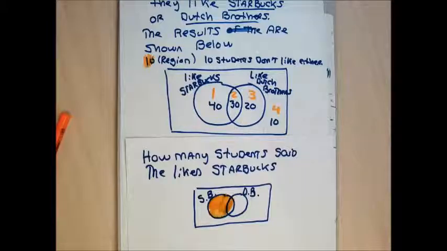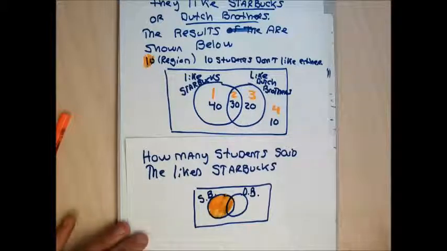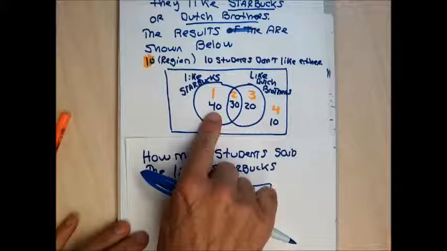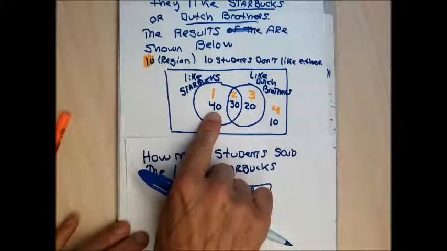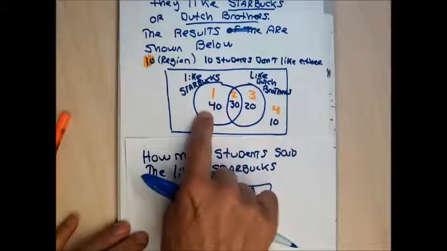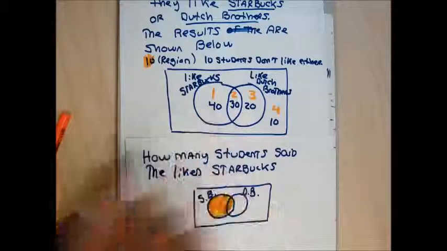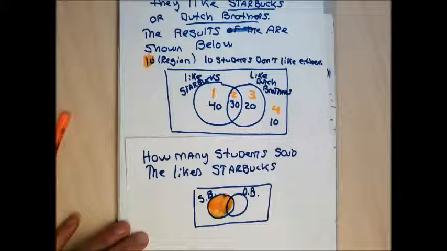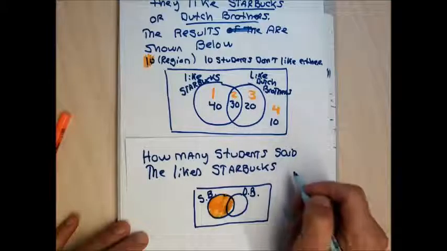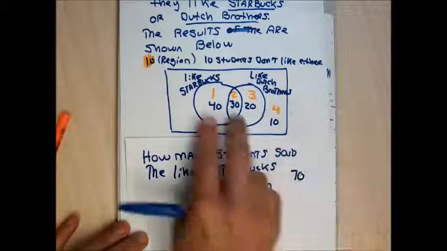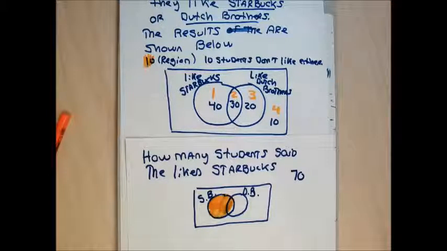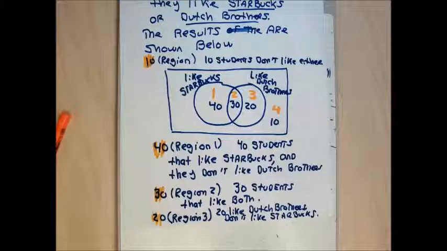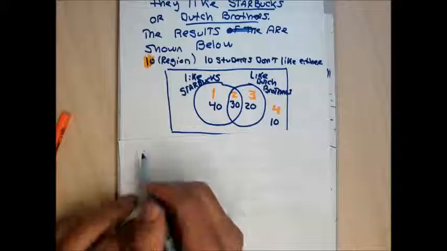The number of students that said that they liked Starbucks are the 40 that liked Starbucks and didn't like Dutch Brothers, and the 30 that liked both, because both of these sets of students liked Starbucks and they might have liked something else. The answer to this question is going to be those 70 students. Let me do another one.